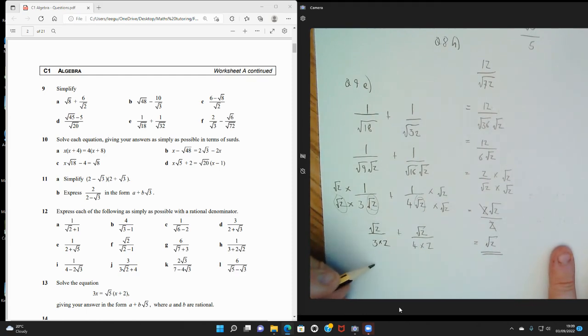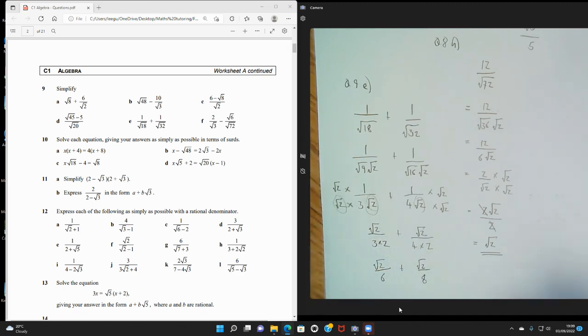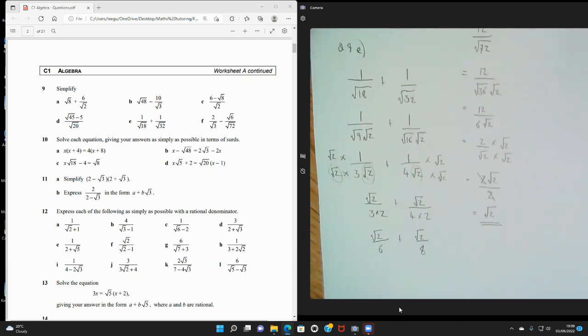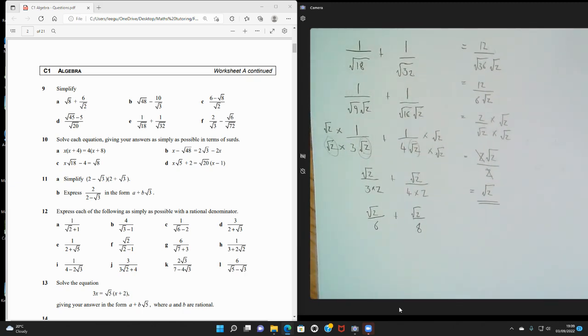So now I have got root 2 over 6 add root 2 over 8. Okay, now at this point we're back to just conventional fractions from year 6, with the exception of the fact that they've got a surd in the numerator.